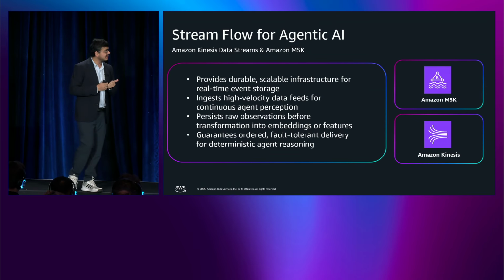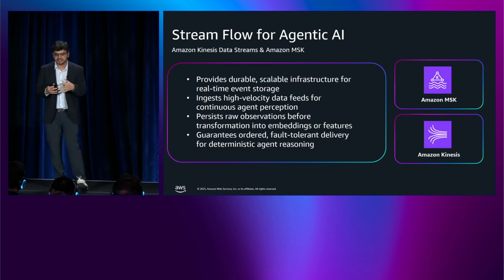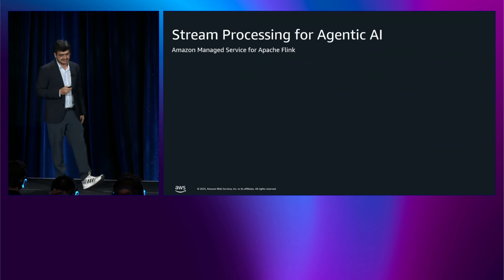And lastly, the data sent through those streaming services is ordered, which guarantees in-order delivery of events, which is really crucial for deterministic reasoning by the agents.